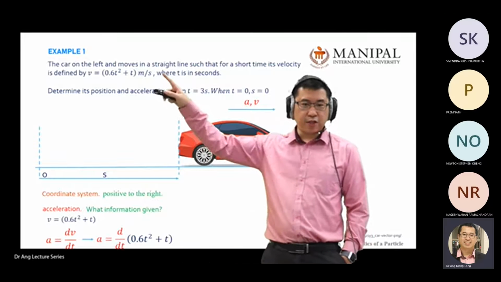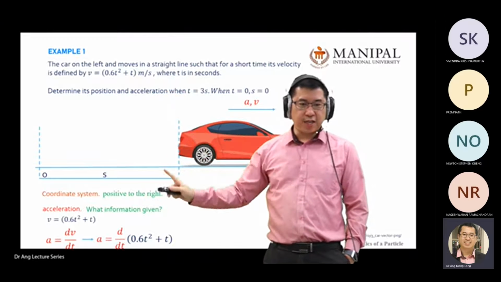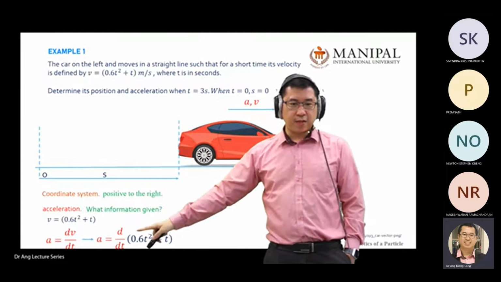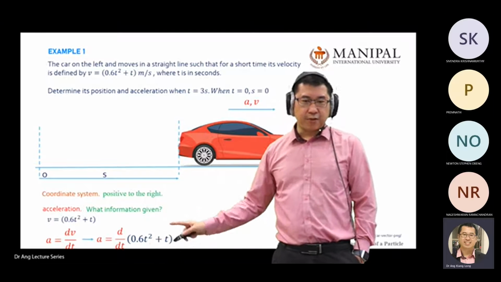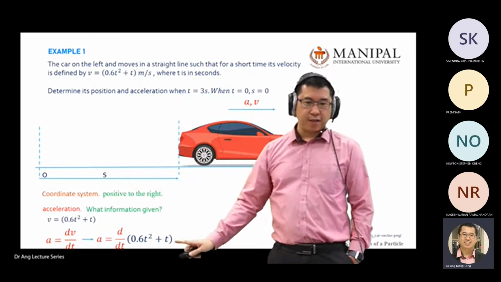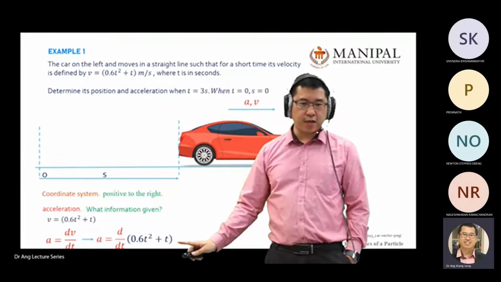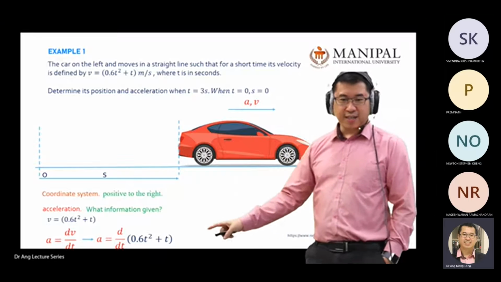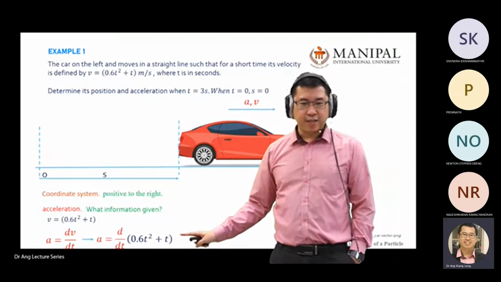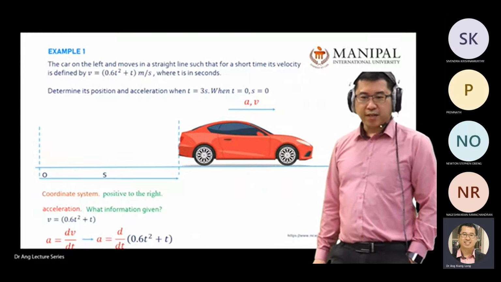You're given the equation of v, substitute v in the equation, so d over dt times the bracket of the v equation, the 0.6 t squared dt. The next step, again, is the mathematics question, nothing related to engineering dynamics.